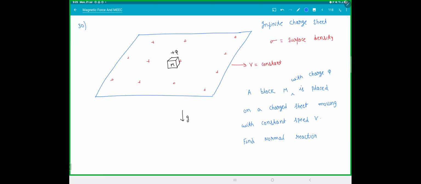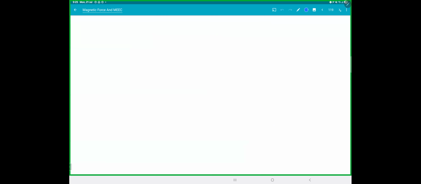What's the catch here? What are all the forces that are acting? First of all, what is with this charge sheet actually? Charge sheet is doing two things. One, it is creating an electric field. That is fine. But when this thing started moving, remember, a moving charge behaves like a current. So the moment this thing started moving, it started behaving like a current sheet, isn't it?